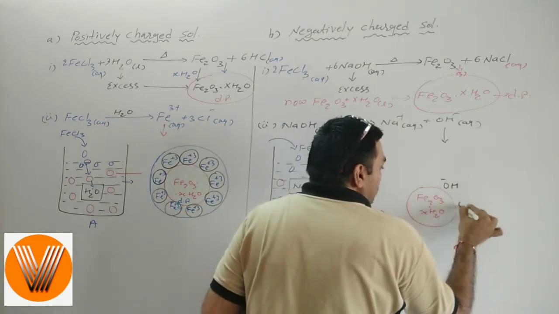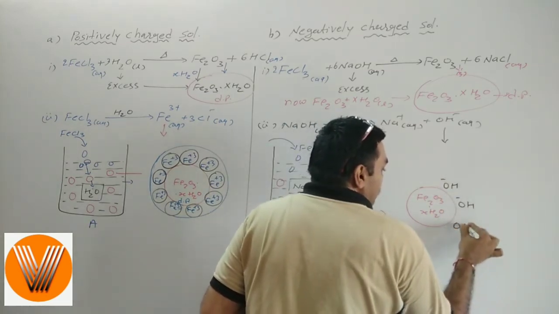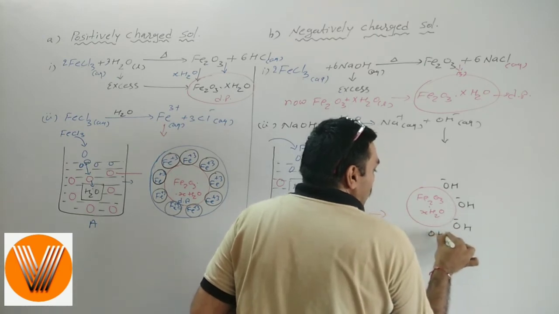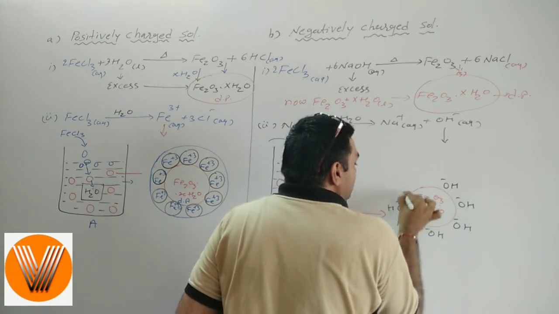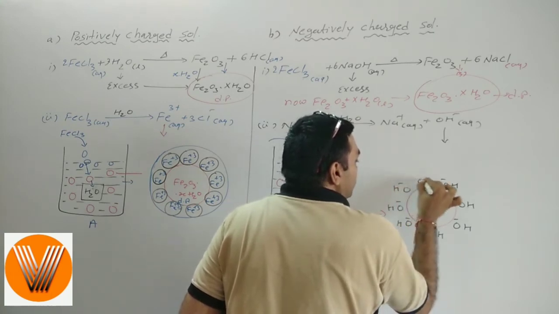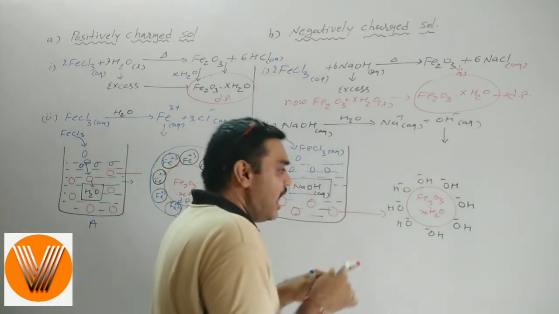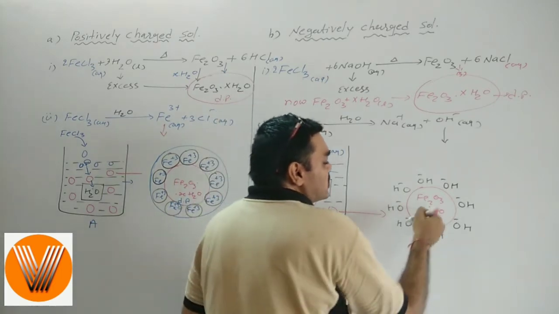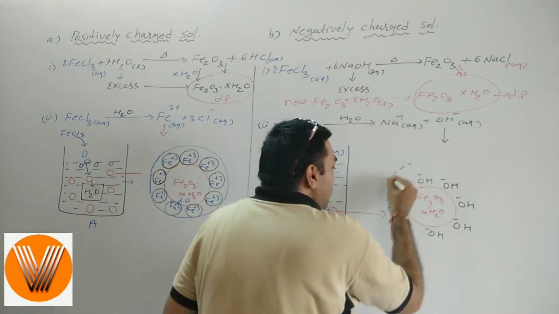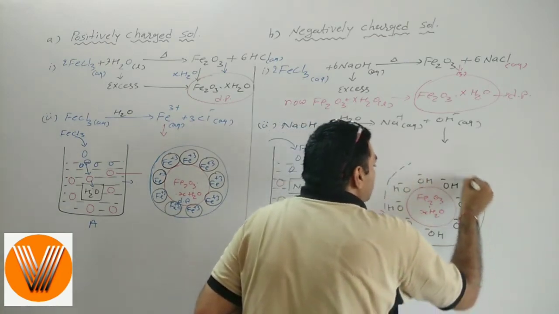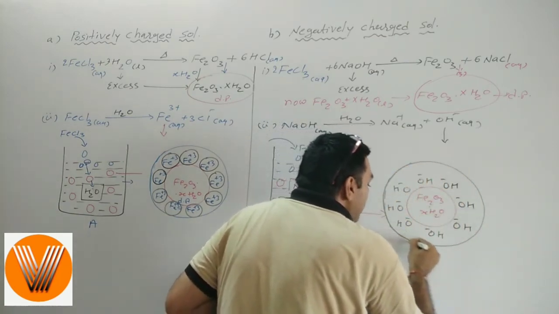OH- ions are attracted towards this precipitate and make a fixed layer on the surface.